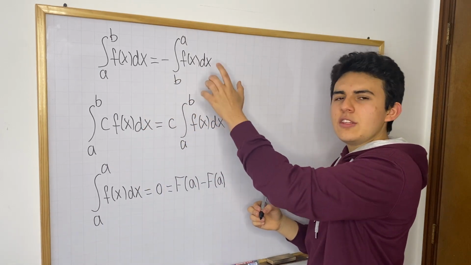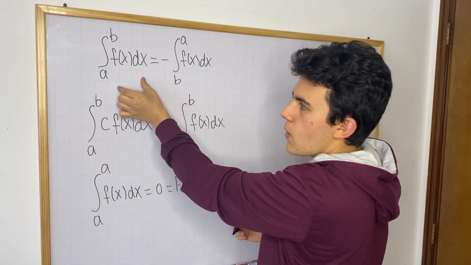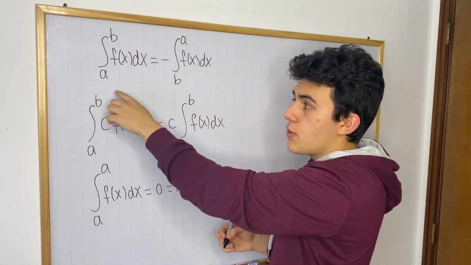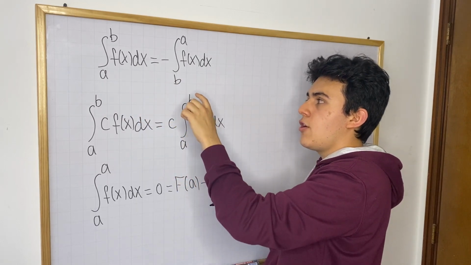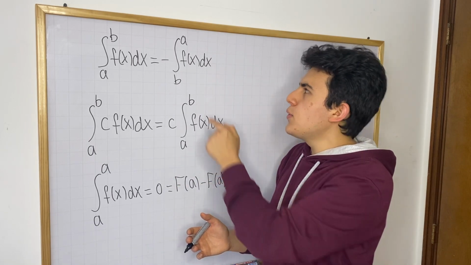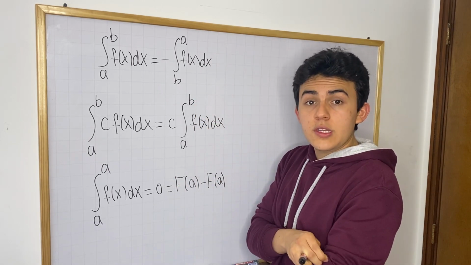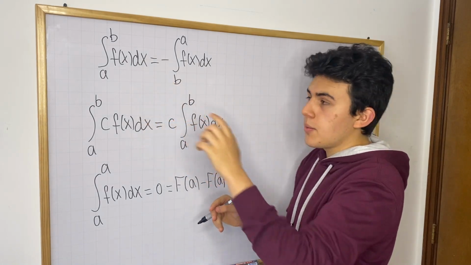Now, this may not seem intuitive graphically because when we write this integral, we're assuming that b is greater than a, and it is very counterintuitive to find the area from b to a when b is greater than a, okay? That doesn't really have any geometric interpretation. However, computationally, this makes sense, and I'm going to show you why.